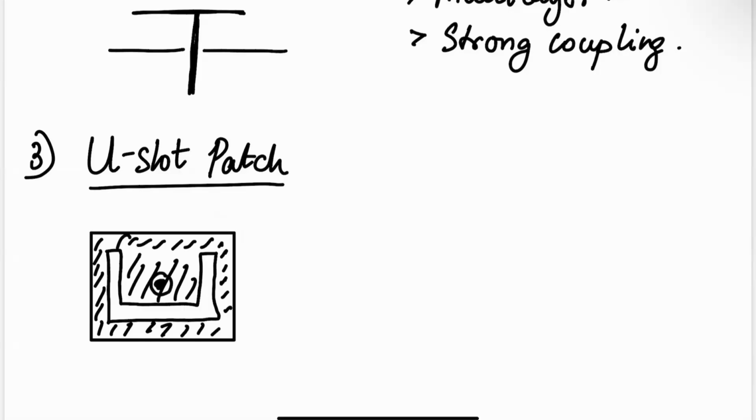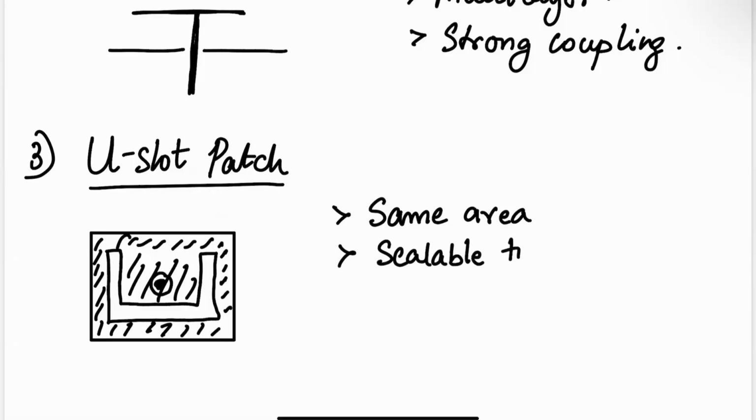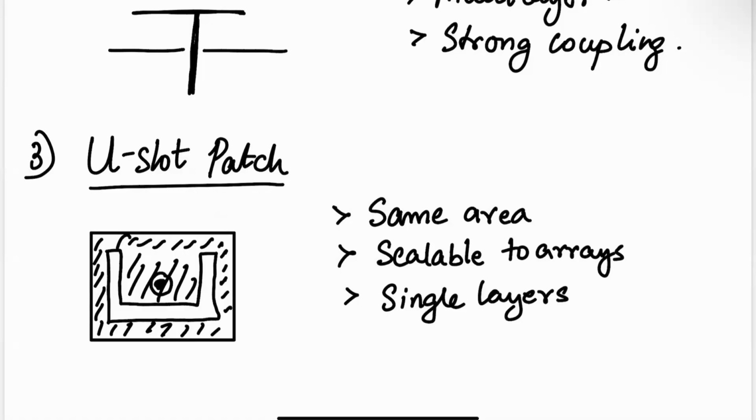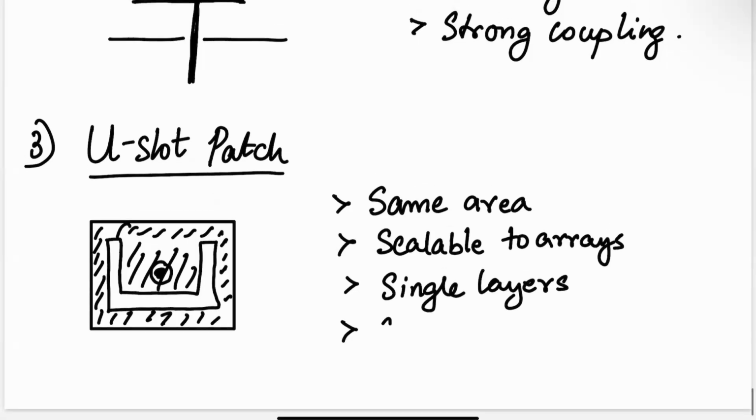Okay. The reason I like it is because it's almost for free. The same area, right? It's scalable to arrays. Single layer. Don't need any extra layers. And you also have good polarization performance. Or I should say decent polarization performance. Okay, it may not be good.